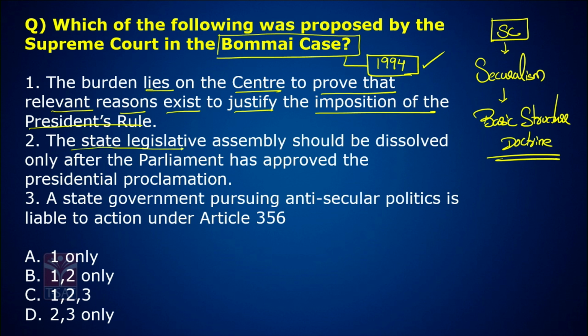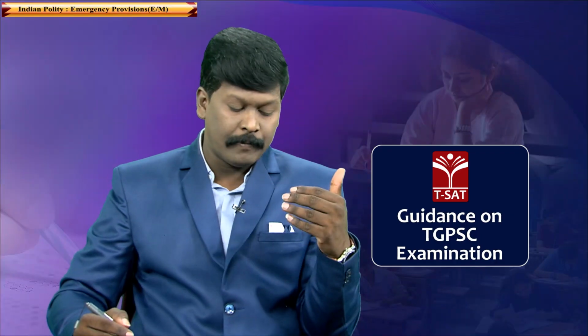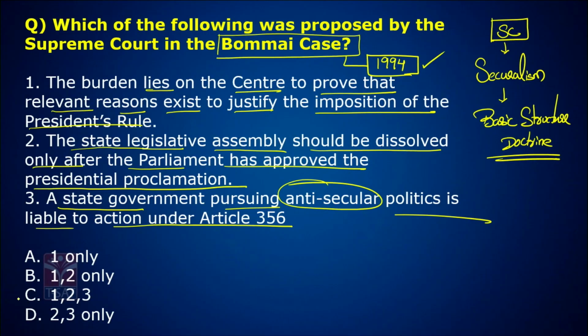The state legislative assembly should be dissolved only after the Parliament has approved the presidential proclamation. The state government pursuing anti-secular politics is liable to action under Article 356. Firstly, let me reveal the answer, then explain this. Answer is C. All these are said by the Supreme Court in TSAT case.